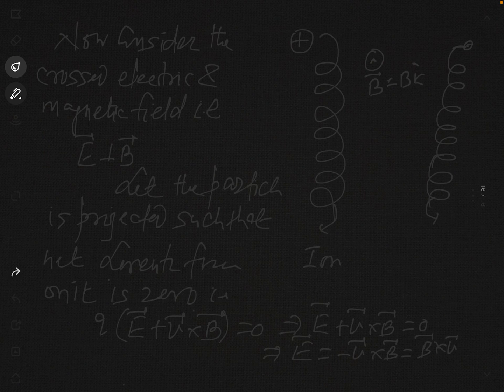Now let us take the cross product of this equation with vector B. To get the result, we actually follow this algebra.